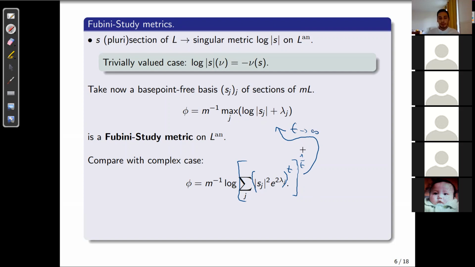This is simply the convergence of the Lp norms to the sup norm, and you can view this as an example of a non-Archimedean limit.